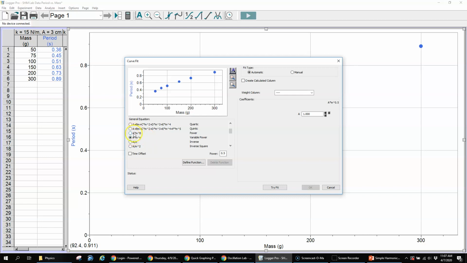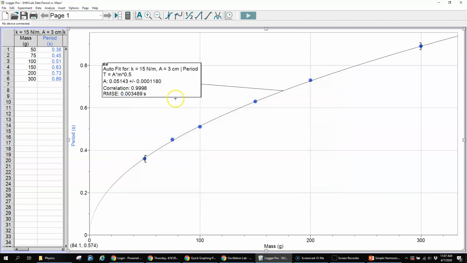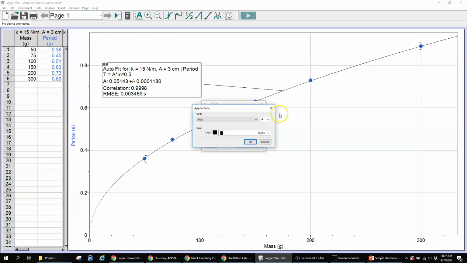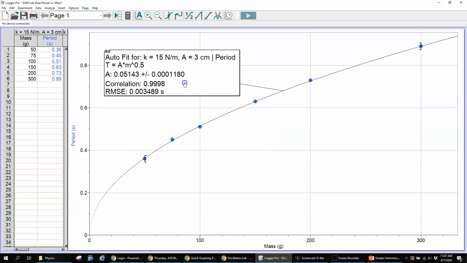We could choose any power here. And what do you know? To the 1/2 power. In order to make it exact, I might then choose variable power and make it exactly 0.5. Try fit, and there I have it. So increasing the font a bit for appearance, I get a math model that's almost exactly the same, where this is this constant here.